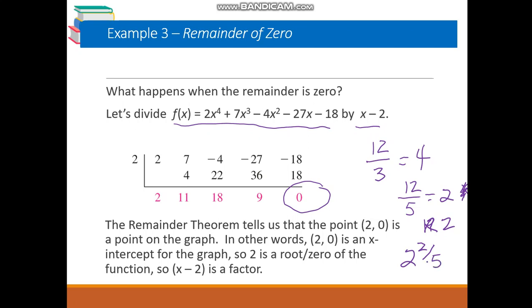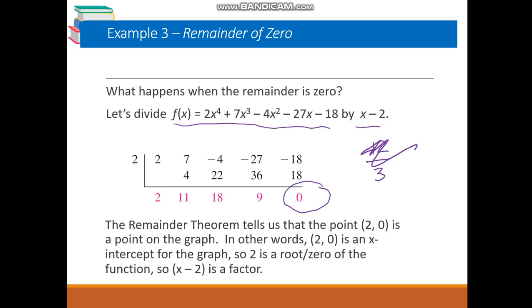Right? 5 is not a factor of 12. So a remainder of 0 tells us that it's a factor.